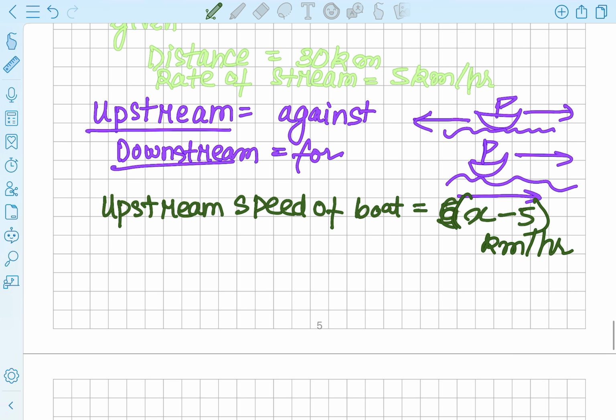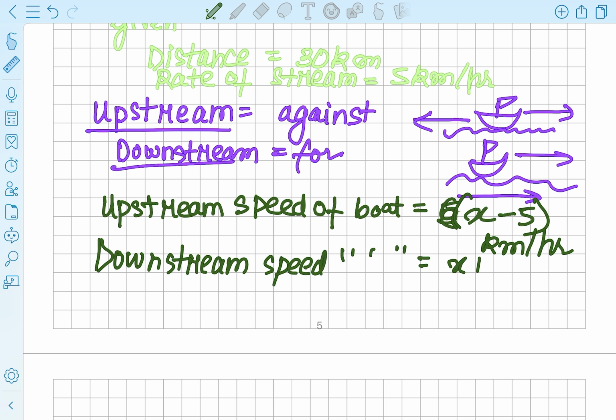So the speed of the boat in still water will be reduced by the speed of the stream. Now downstream speed of the boat, what will it be? It will be x plus 5.